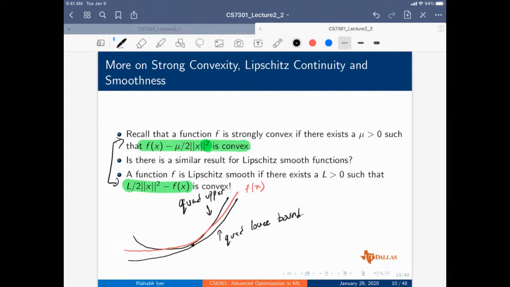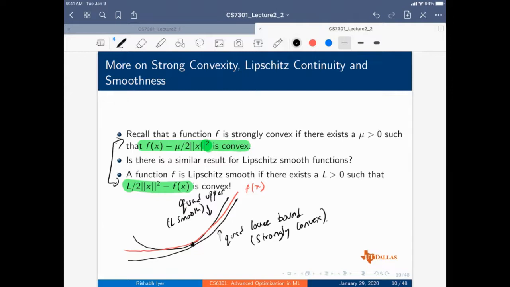For functions that are Lipschitz smooth, you have a quadratic upper bound. And for strongly convex, you have a quadratic lower bound. So if a function is both strongly convex and Lipschitz smooth, those are at most quadratic functions. Those are functions that only grow quadratically.